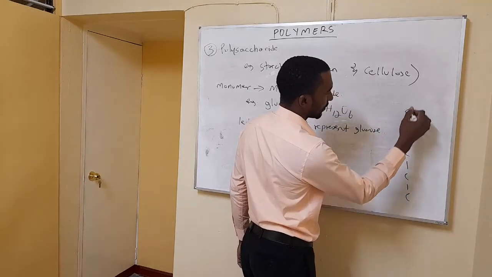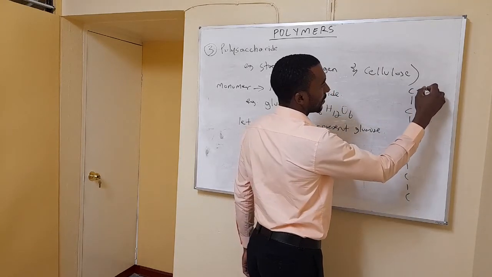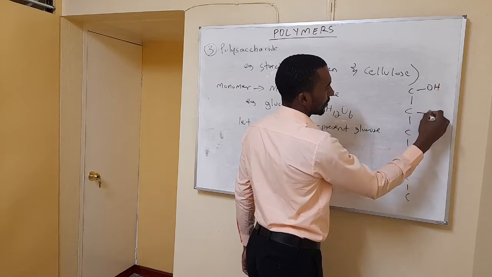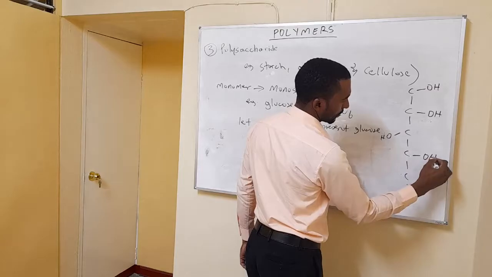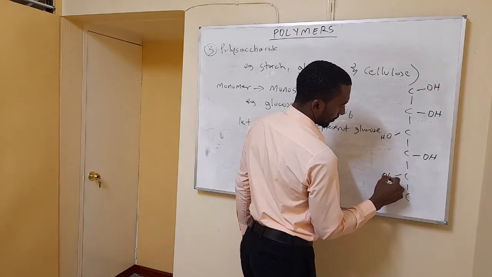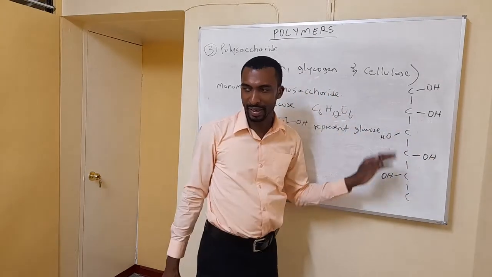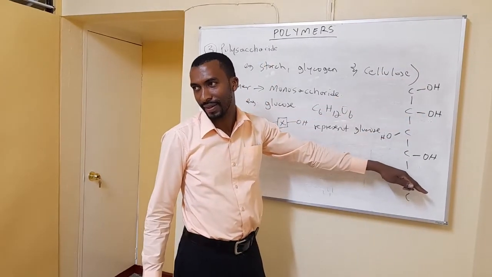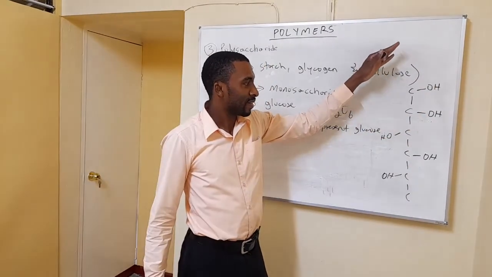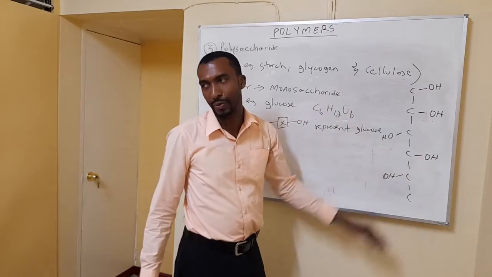So for example, you'd have C, 1, 2, 3, 4, 5, like 6, with OH groups, something similar to this, but I don't know the exact structure. I'm just saying that this is how the structure would look. It's just lots of carbon, hydrogen, and OH groups.